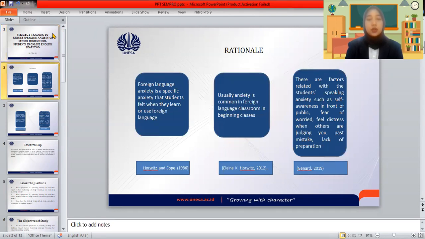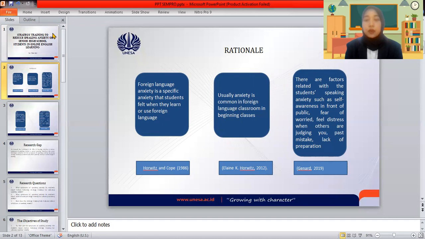From Horowitz and book, foreign language anxiety is a specific anxiety that students feel when they learn or use foreign language. Usually, anxiety is common in foreign language classroom in beginning classes. From their research, anxiety is a normal feeling that happens to the student in the beginning of foreign language classes, usually the silence and not saying anything during classes.